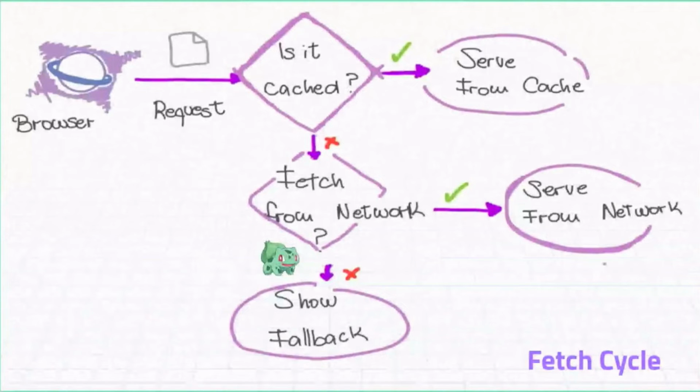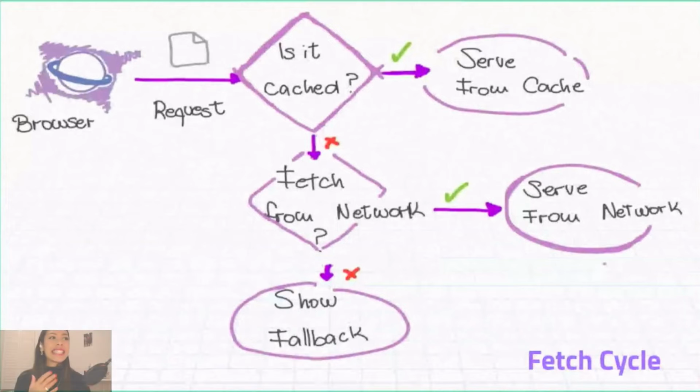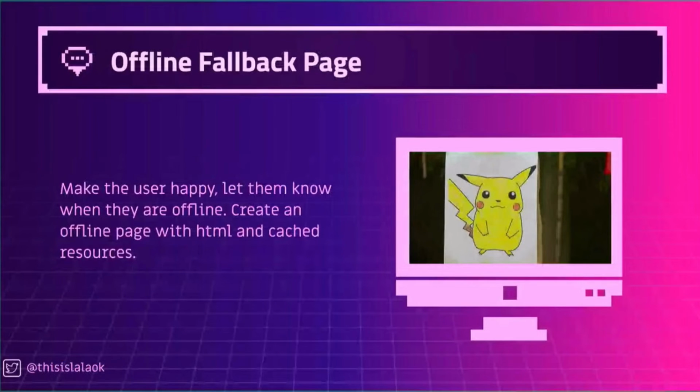Okay, so this is a cycle that you need to know in terms of fetch. I hope that was clear for you with my friend Bulbasaur. He had a bunch of friends, by the way. And then, so let's see what we need to know.